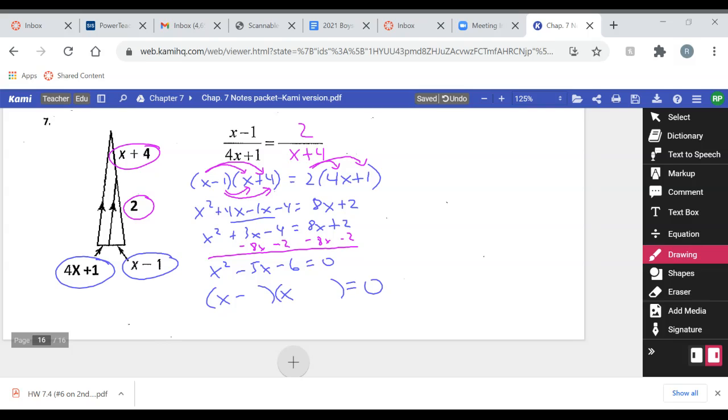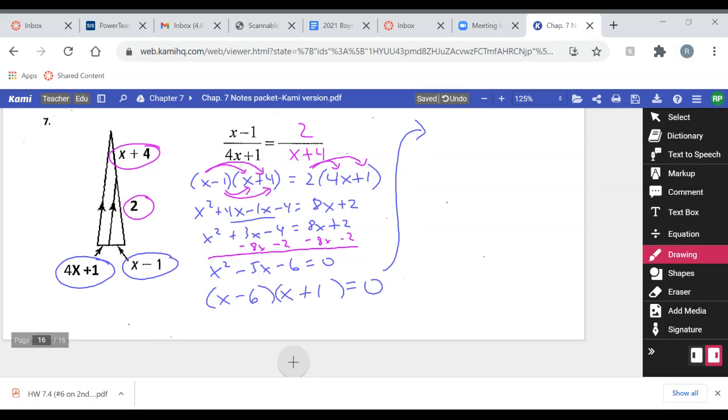And so I thought of 6 and 1. So in this case, I'm going to try these two numbers. Negative 6 times 1 is negative 6, and negative 6 plus 1 is negative 5, so that works. So that tells me that these are my two factors, my two things that multiply together.